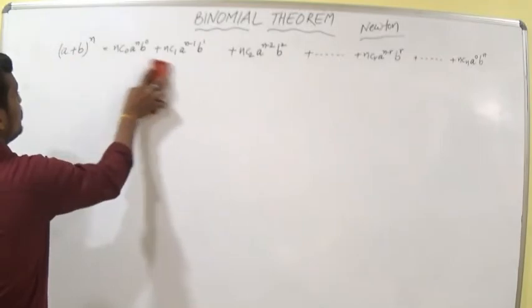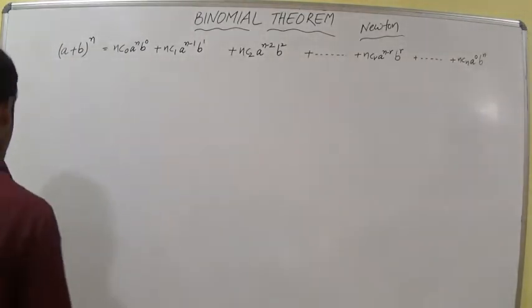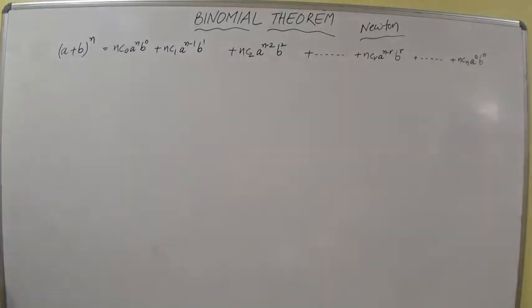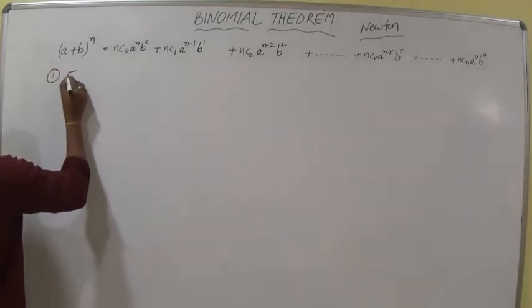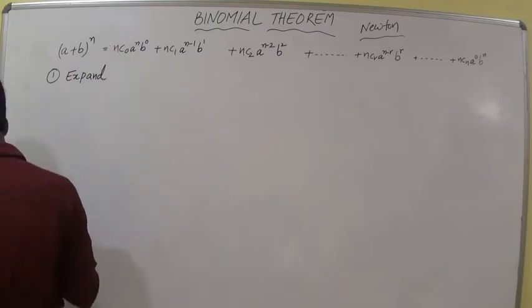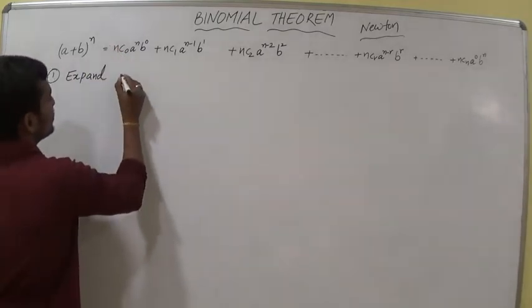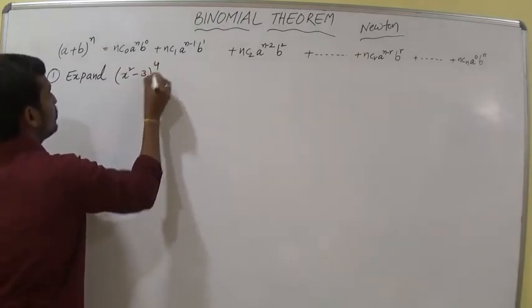Now we are coming to the problems in hand sheet 1 from our textbook. I am giving you problems. First one, expand or expansion form of (x square minus 3) whole power 4.